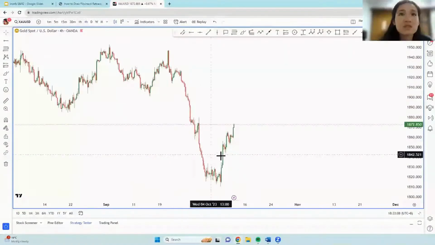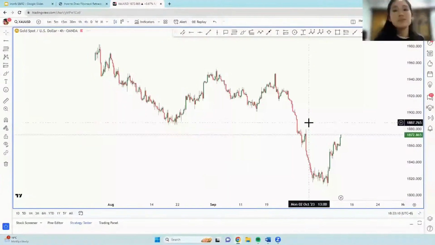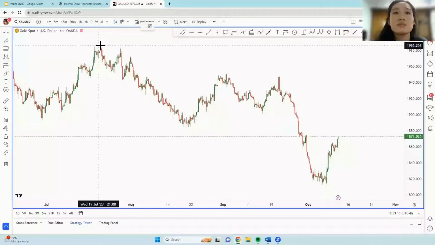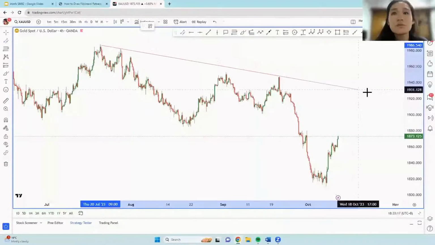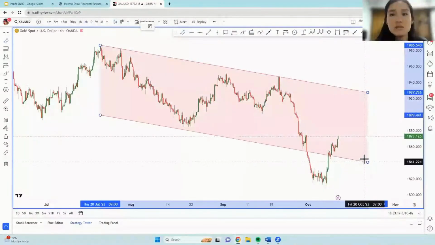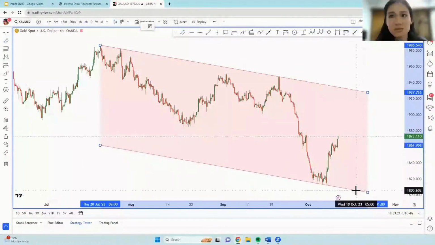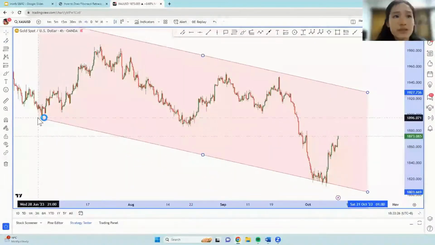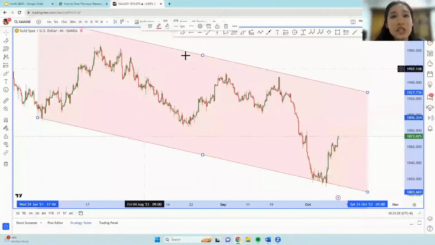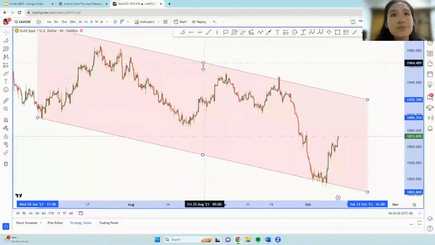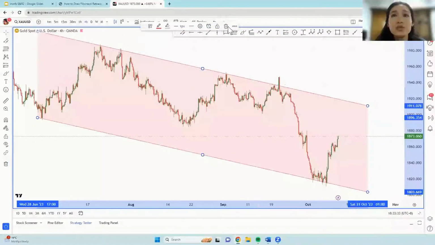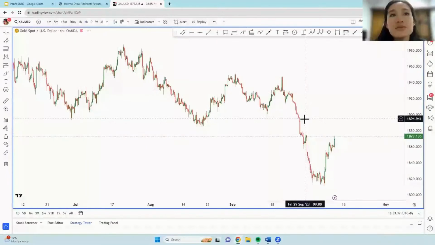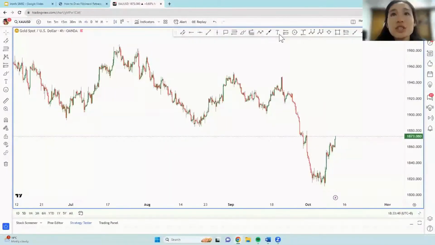Okay, here's the 4 hour time frame. Let's see if we have a trend channel. No, we don't. Do we have a trend line?